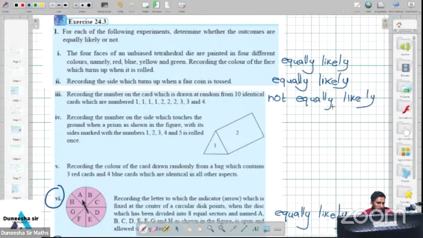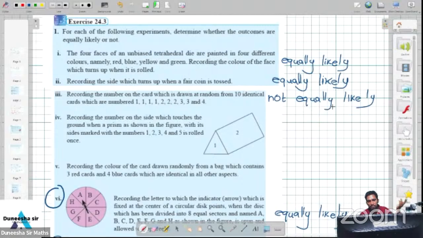Can you see? You know triangle and rectangle. Yes, triangle and rectangle. So the different rectilinear shapes, so are its possibilities the same or not?